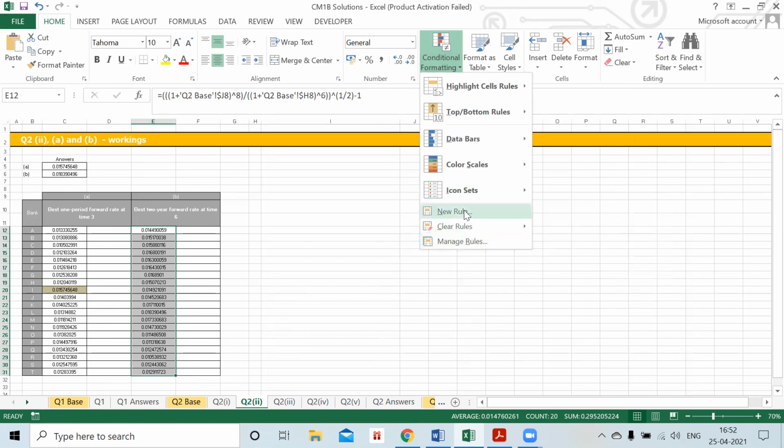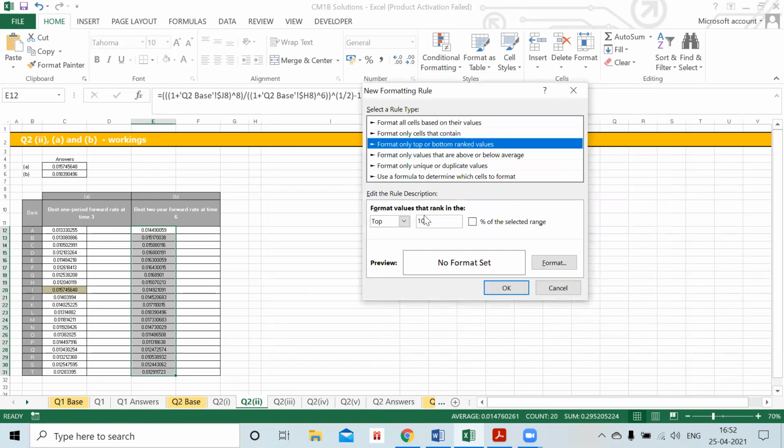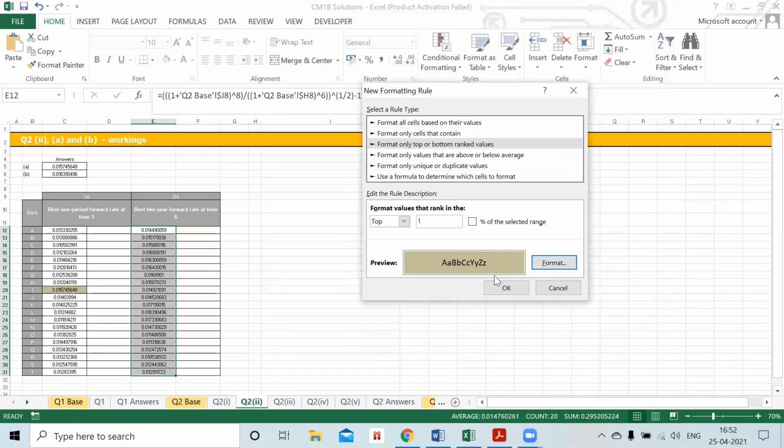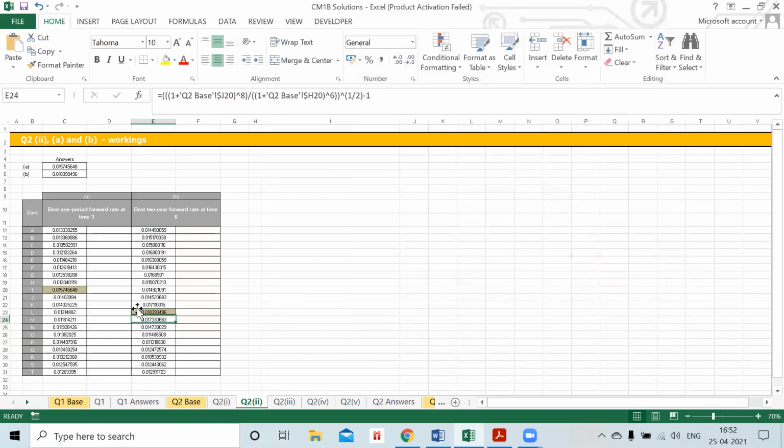Conditional formatting, new rule, format only top or bottom ranked values, and format with beige color. So this is the bank which provides it, bank L, at the lowest rate.